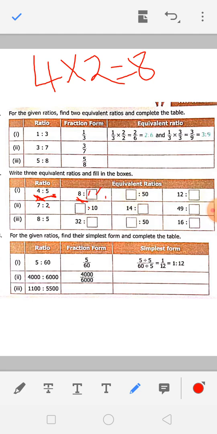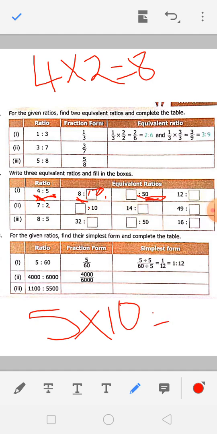Your answer is 10. And then here is 50. So the 5 value changed to 50, which means 5 multiplied by 10 gives 50. So the 4 is multiplied by 10 too: 4 into 10 is 40. So here it is 40.